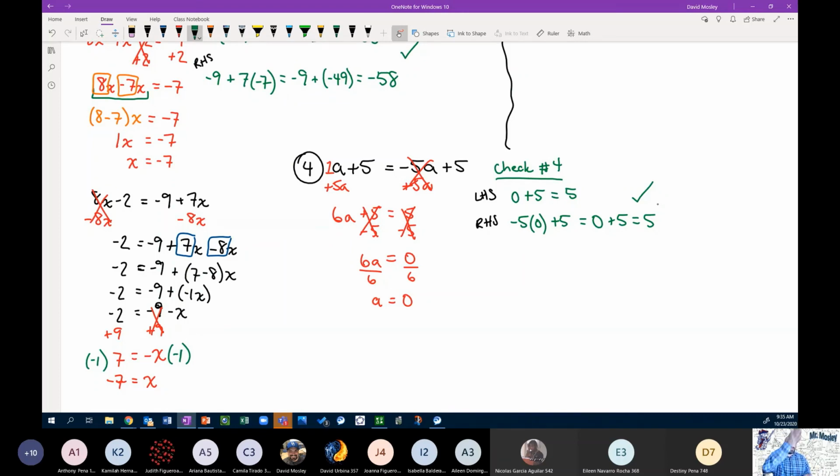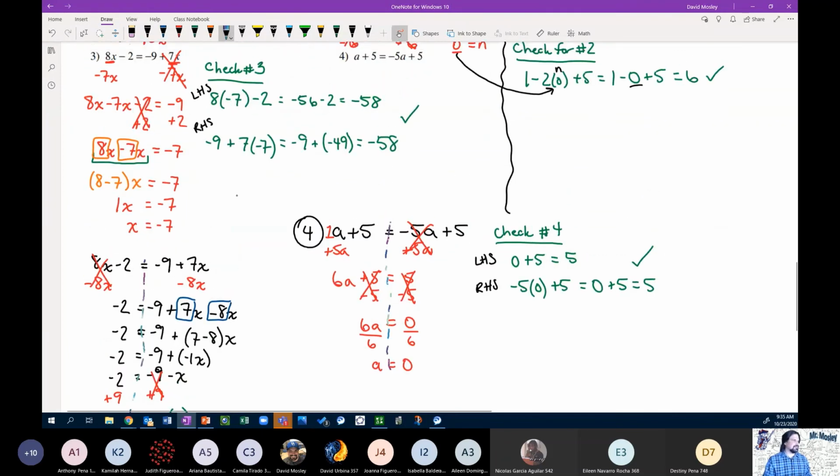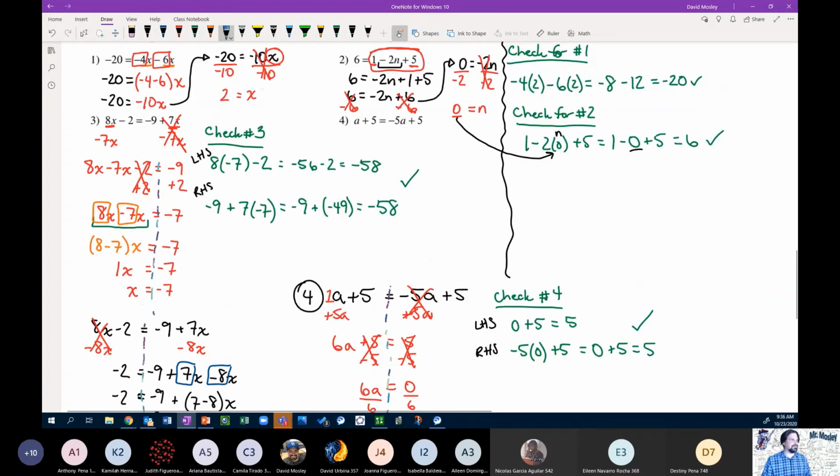I do the inline process. If you notice, my equal signs tend to stay lined up. That's just how I learned how to do it. I keep the equal sign running through the middle. You know, that's just me.